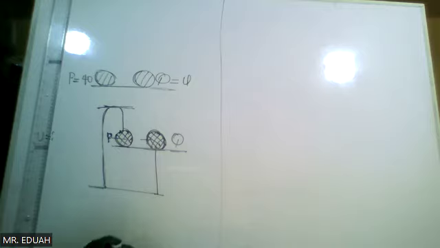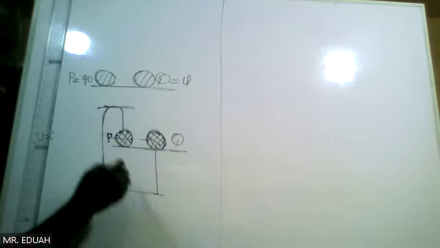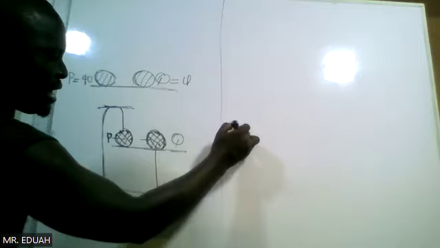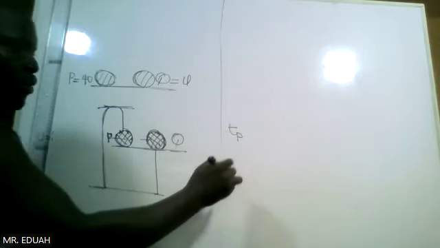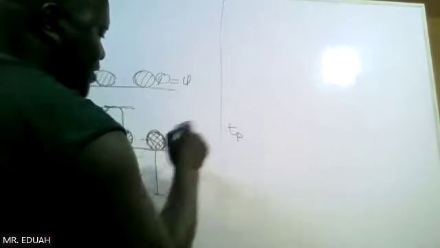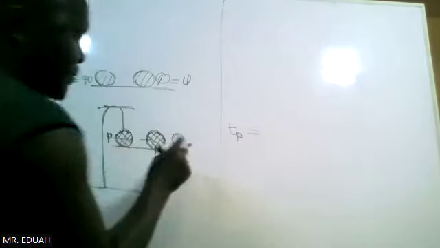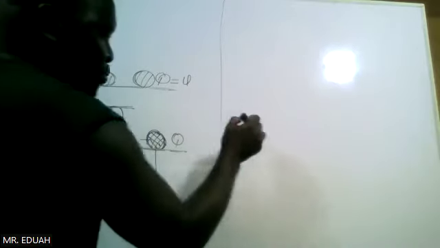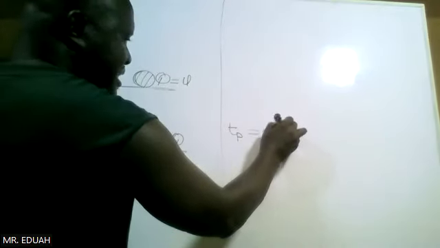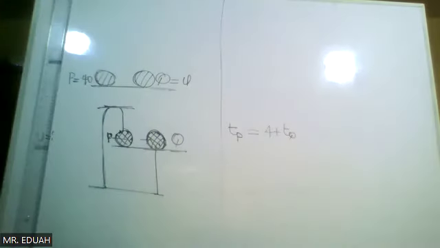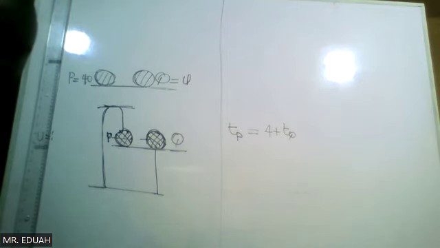And at every time, the time for P, TP, is 4 seconds greater than the time for Q, because P was shot before. So if we are calculating the time for P at any time, it will be 4 plus the time of Q, because P was shot and 4 seconds later, Q was also shot.